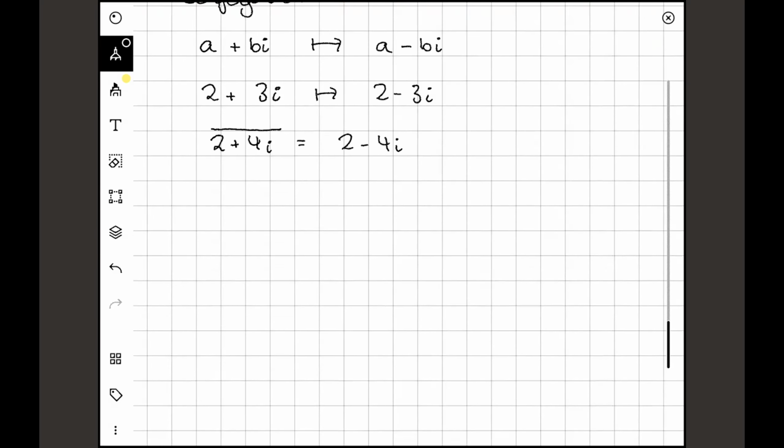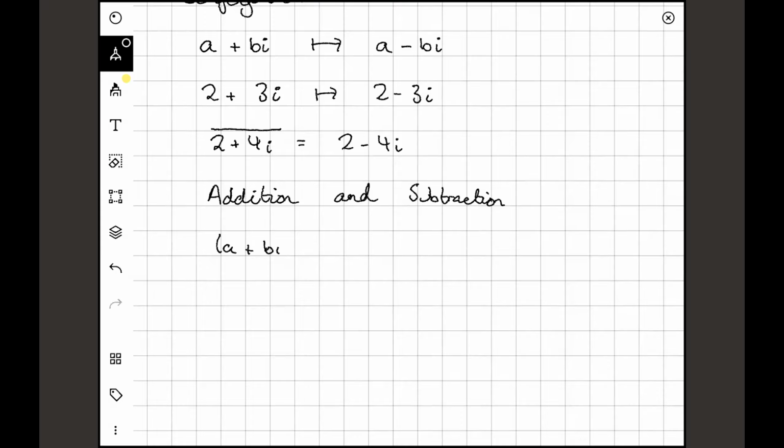We can also talk about addition and subtraction of complex numbers. So the way we define this is in the following way: a plus bi plus c plus di is a plus c plus b plus d times i, which really just means we add the real parts and we add the imaginary parts separately.